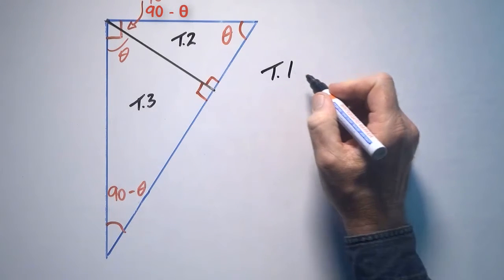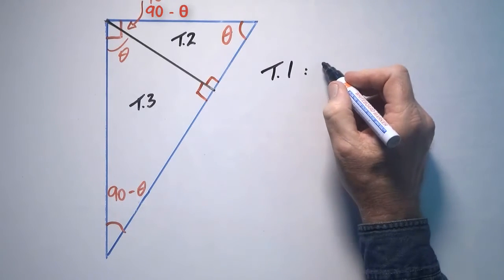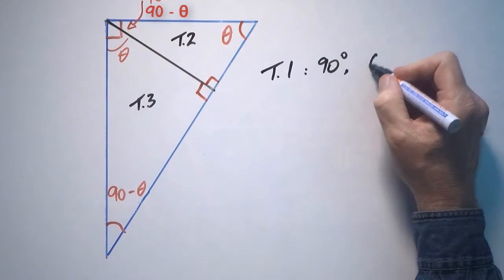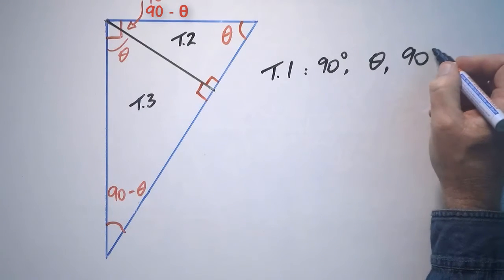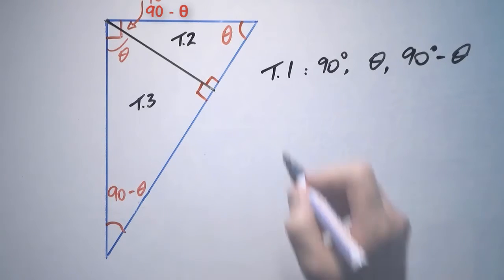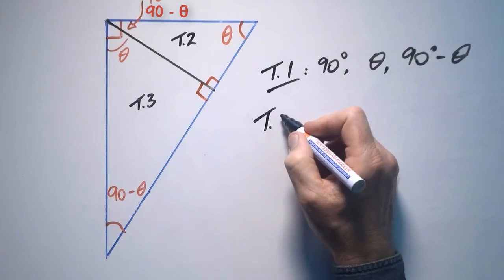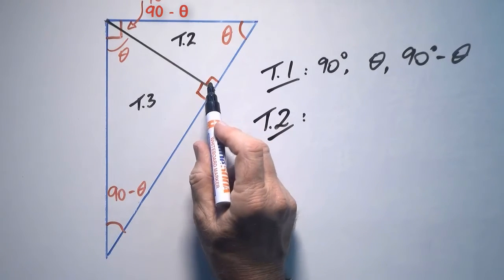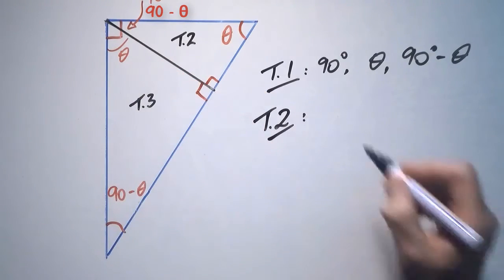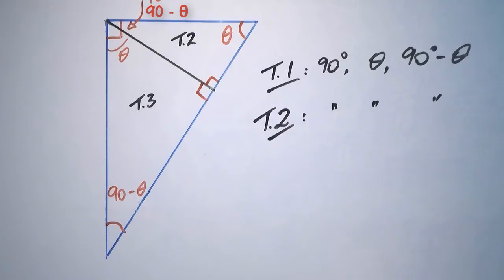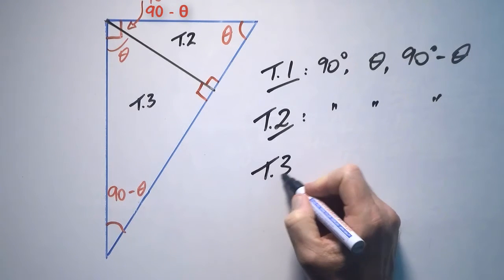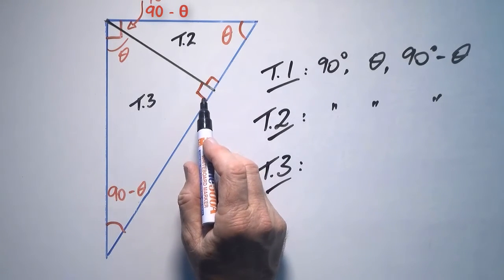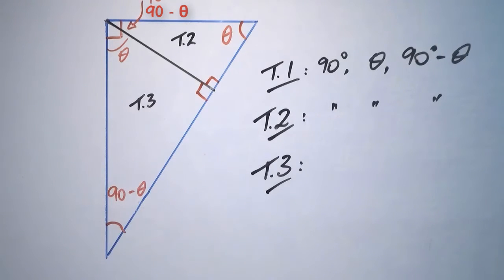Triangle 1 has angles of 90 degrees, theta, and 90 minus theta. Triangle 2 has angles of 90 degrees, theta, and 90 minus theta, the same. And triangle 3, it has angles of 90 degrees, theta, and 90 minus theta.